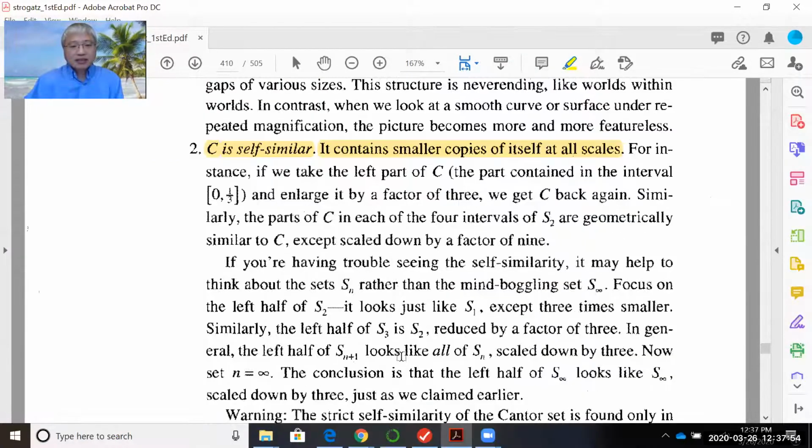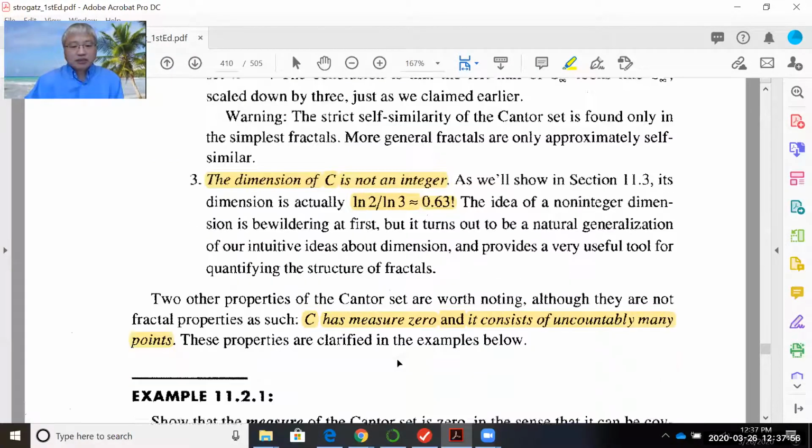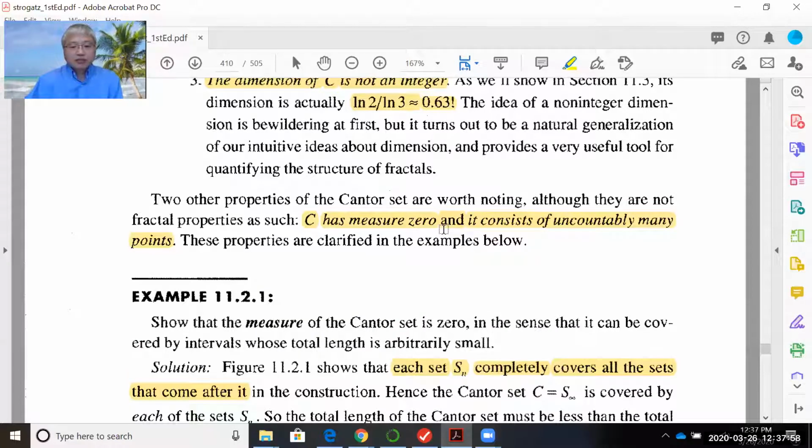The Cantor set also has an interesting property: it has 0 measure. Namely, its total length is 0, but the number of elements in the Cantor set is uncountable. Namely, it's a lot more than just the whole numbers. So it's a zero-measure set and uncountable.